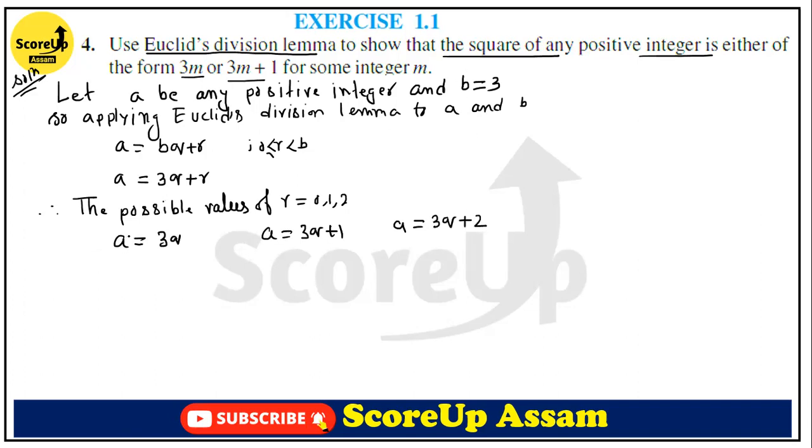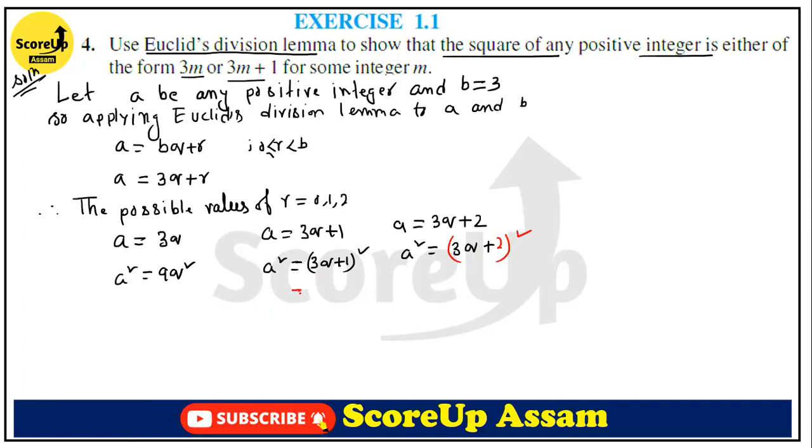Now it says the square of any positive integer, so a is any positive integer. Let's do the square of this. a squared is equal to 9q squared. Then the square of 3q plus 1 whole squared. Then the square of 3q plus 2 whole squared.